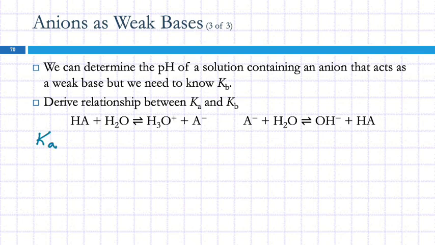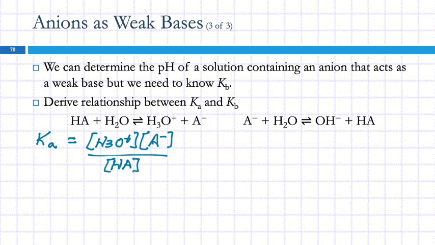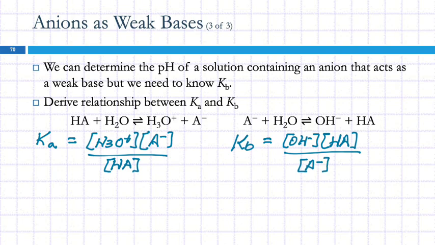So that's an acid. So Ka is going to equal the hydronium ion concentration times A minus divided by the weak acid concentration. And here we have that same anion acting as a base. So we can write Kb is going to equal hydroxide ion concentration times HA divided by A minus. Now I'm going to multiply those two together.